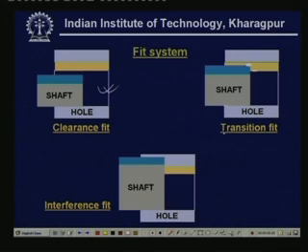So, we define the transition fit in such a way that it can create a clearance, as was shown earlier, or even it can create some overlapping fit. So, this is what we call a transition fit. Normally, the press fit or just a push fit are called transition fits, whereas clearance fits are sometimes referred to where the shaft is freely moving inside the hole.